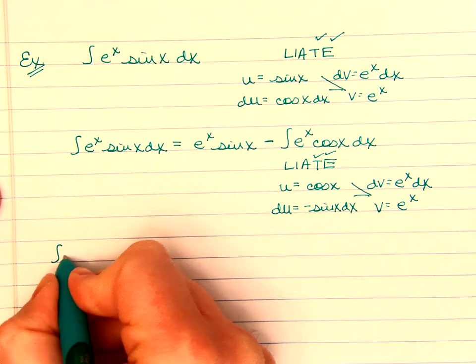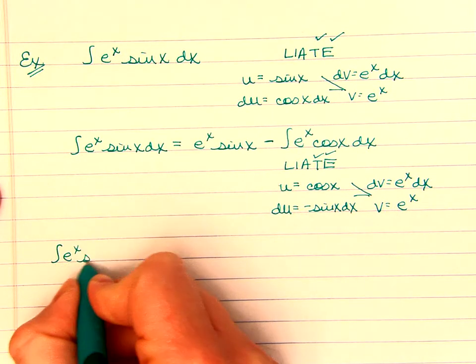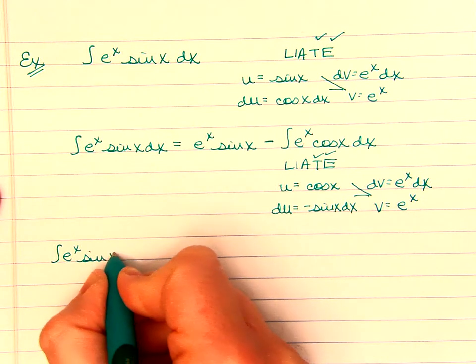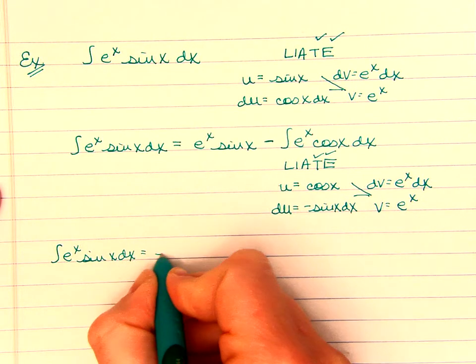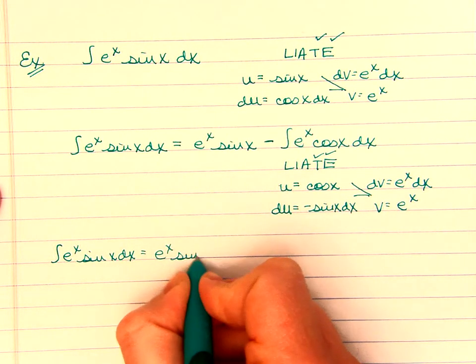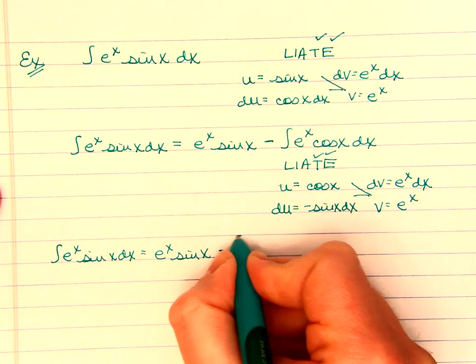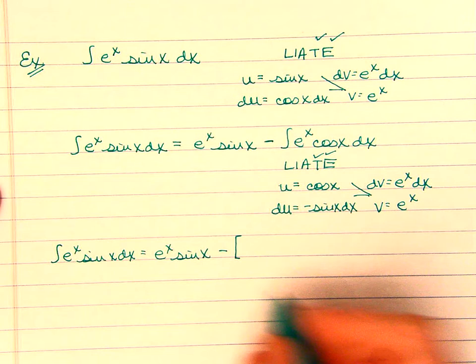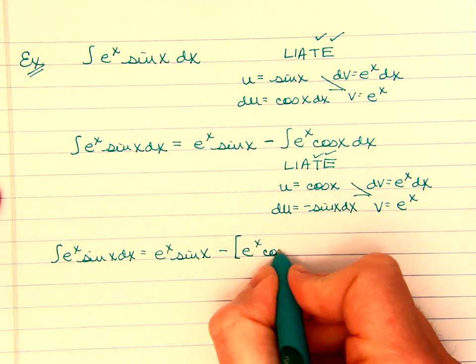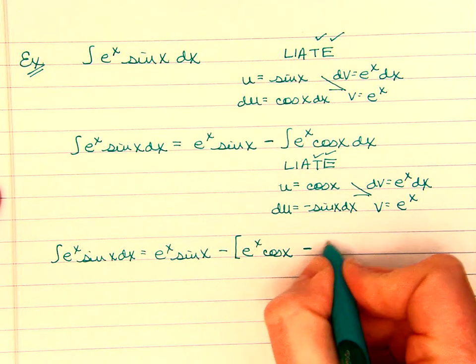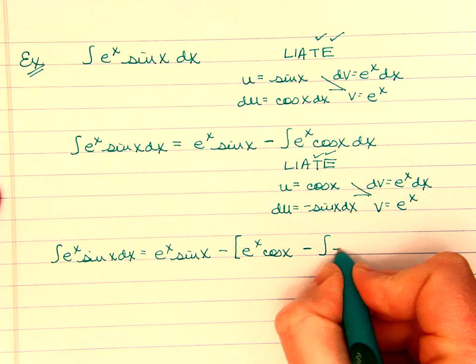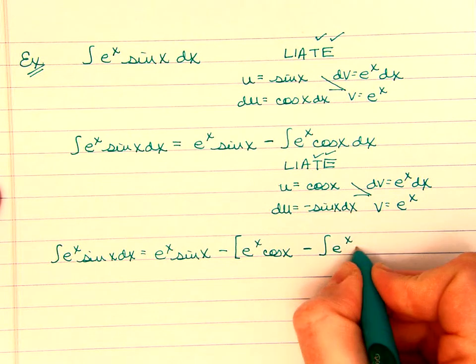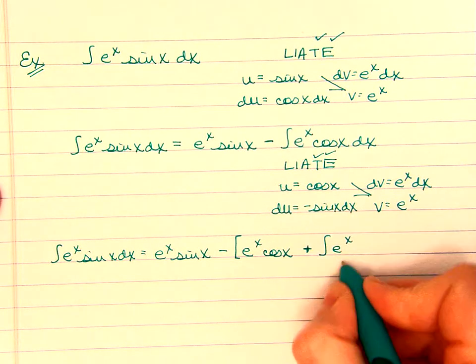We come over here. Again, I'm just going to rewrite the original problem. Integral of e to the x sine x dx equals e to the x sine x minus e to the x cosine x minus the integral of e to the x times negative sine x. You know what, forget that minus integral.